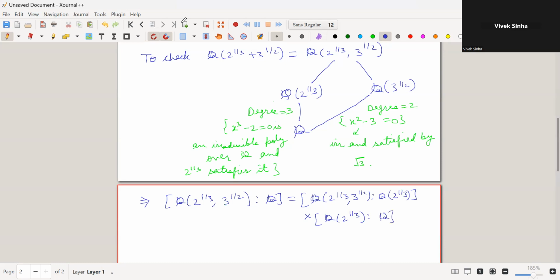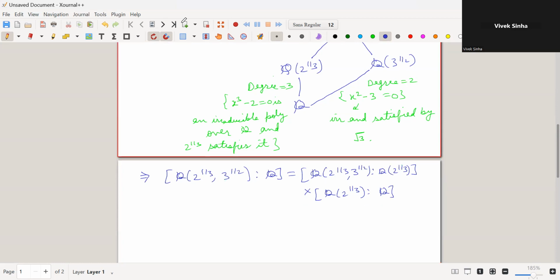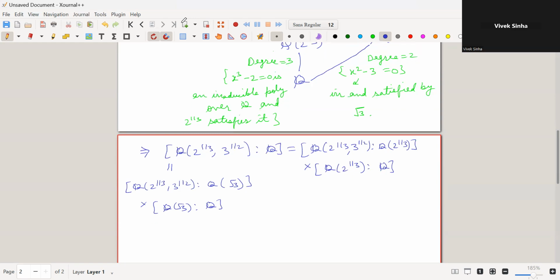Using this tower we get this equality, and using the other tower we will get this equality, that this is equal to the degree of Q(2^(1/3), 3^(1/2)) over Q(root 3), multiplied by the degree of Q(root 3) over Q. So they both are there, and this is equal to 3, and this is equal to 2.